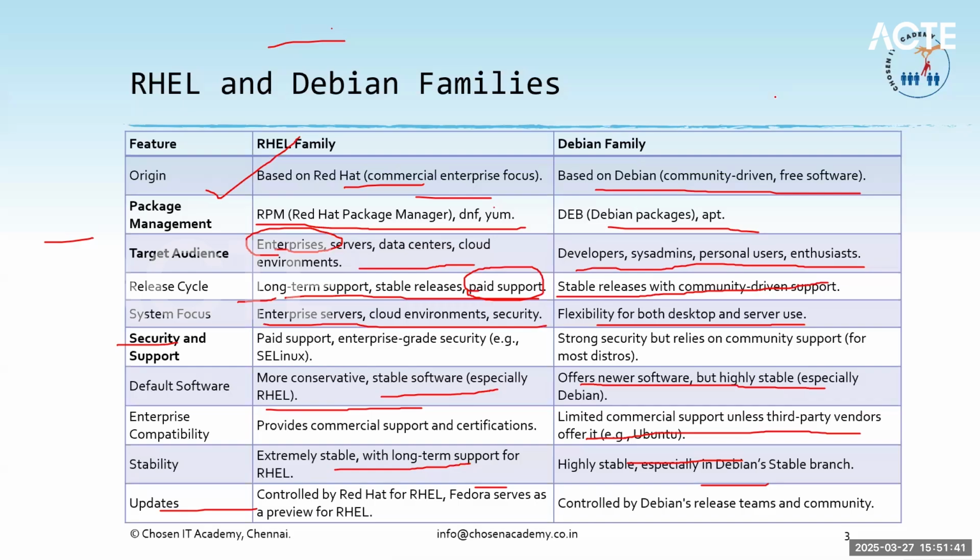All the open source packages are available in Ubuntu, but RHEL is very conservative. So that's what he's saying. RHEL is more conservative, and will not allow just any package to be part of it. That's how the newer releases are also very conservative. It's not frequently released.